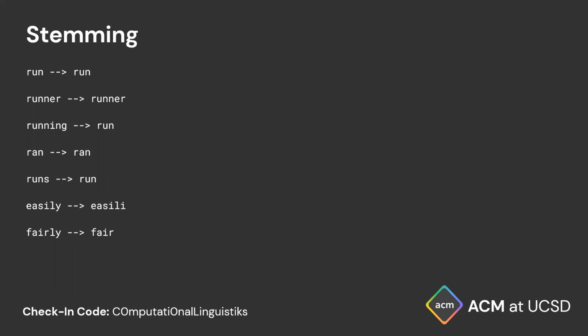So runner, run, and running mostly become the same: running and run become the same, but runner does not. Similarly, runs and run become the same. The difference between runner and run is based on part of speech tagging, which we talked about earlier. One is a noun and one is a verb, so we want to simplify all the verbs to be close together versus the nouns.